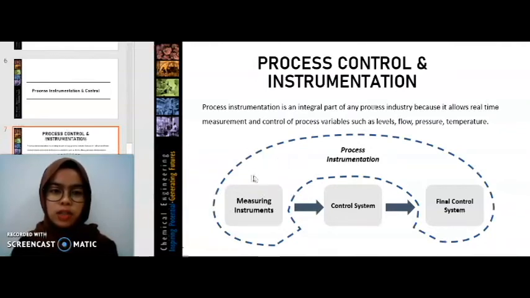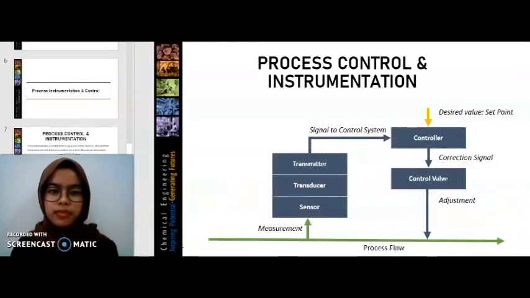The first one, input devices, which are the measuring instruments, measure different process variables such as pressure, temperature, flow, and level. The second is the output devices of the control system, which are called the final control elements. So here represents the control loop of a system.